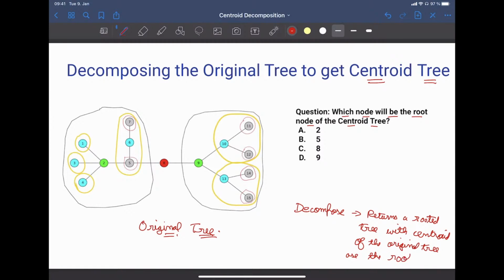The decompose method always returns a rooted tree, which is the centroid tree, and the centroid of the original tree becomes the root node of this rooted tree. This is what the decompose method does. And now I ask you the question: which node from the original tree will become the root node of the centroid tree?